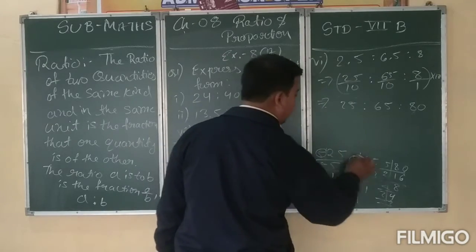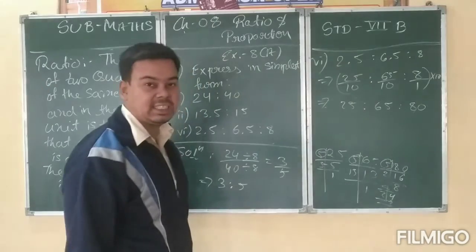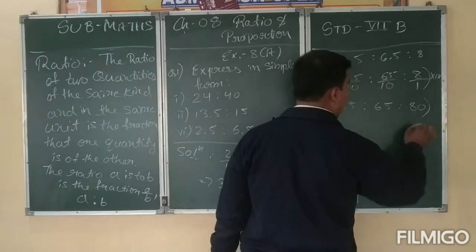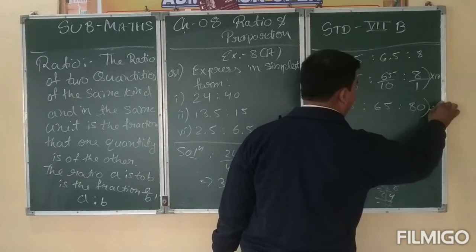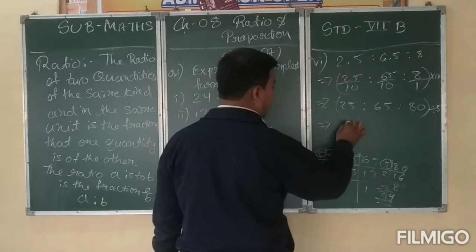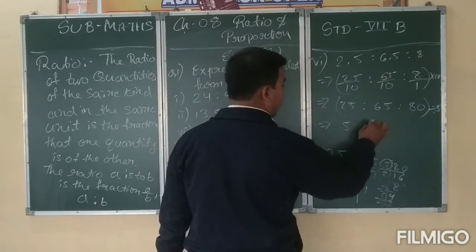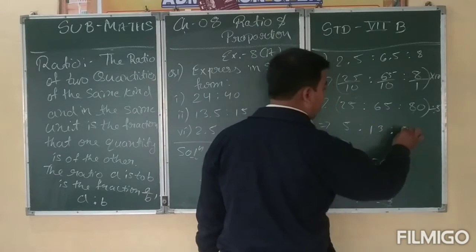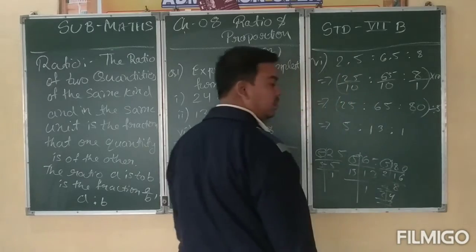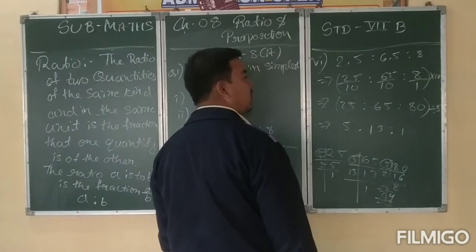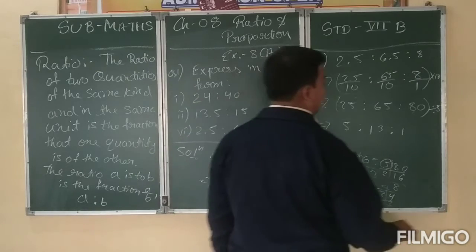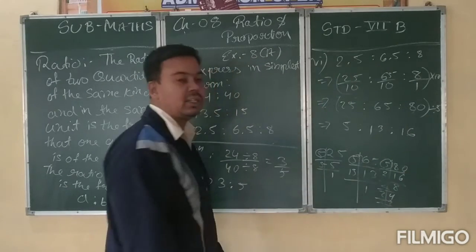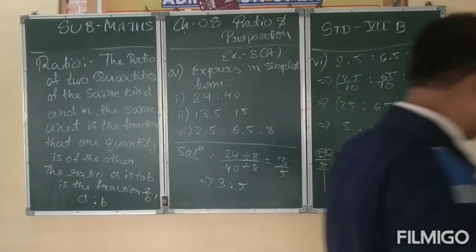So 5 is the HCF. So now these numbers are divided by 5. 25 divided by 5 is 5, 65 divided by 5 is 13, 80 divided by 5 is 16. So 5 ratio 13 ratio 16. Let's copy this.